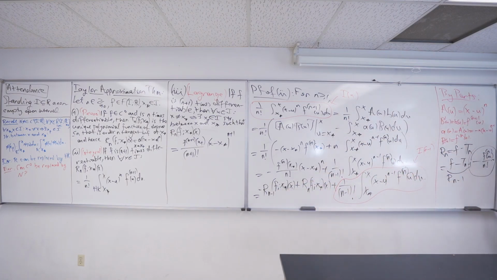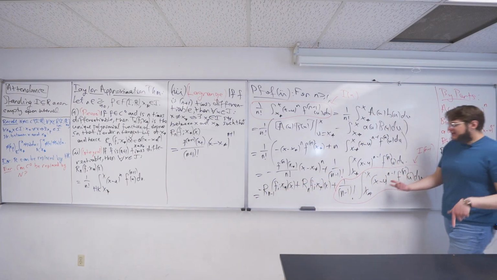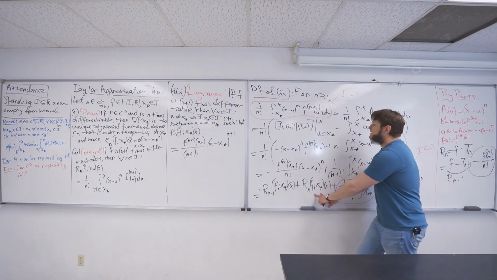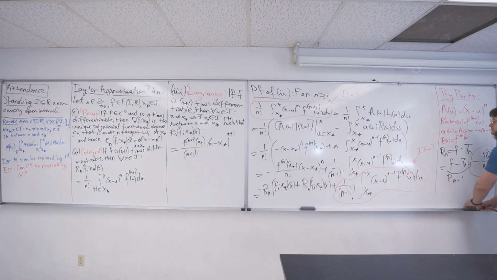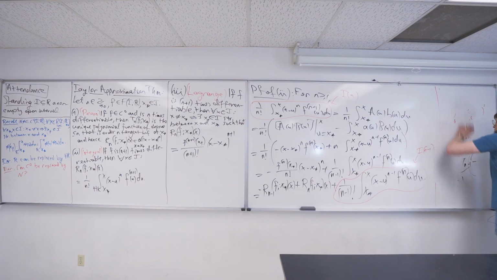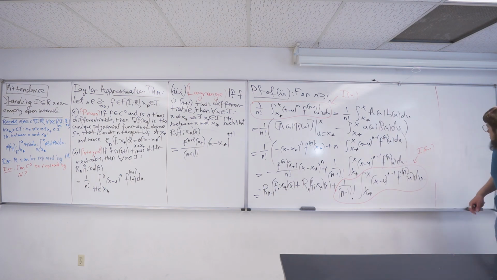In any event, what I have ultimately is I can solve, so I can collect the n terms on the one side and the n minus 1 terms on the other side. I'll continue here. Apologize.